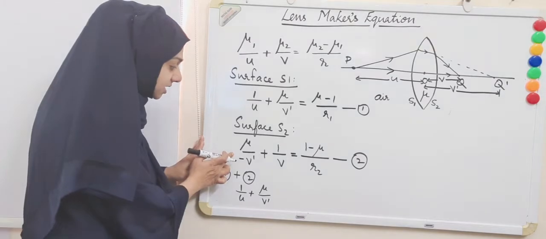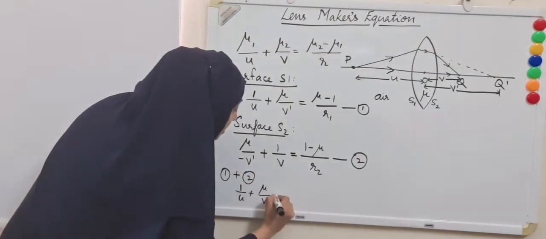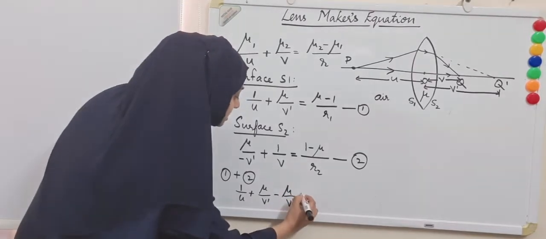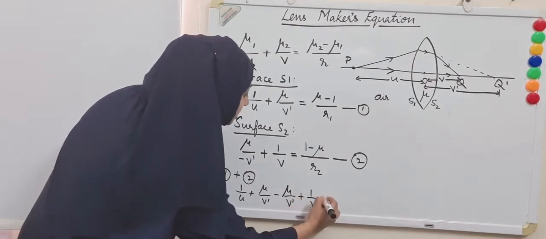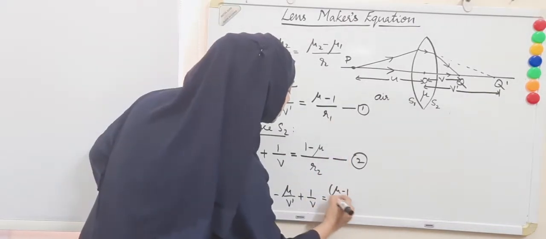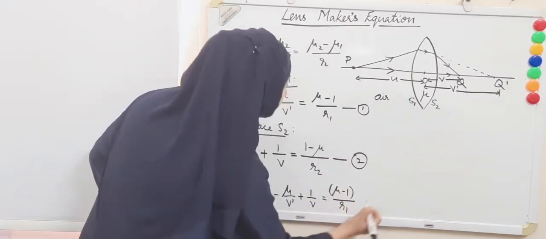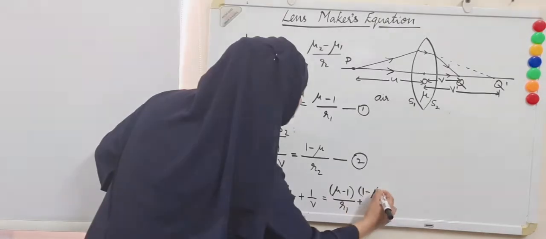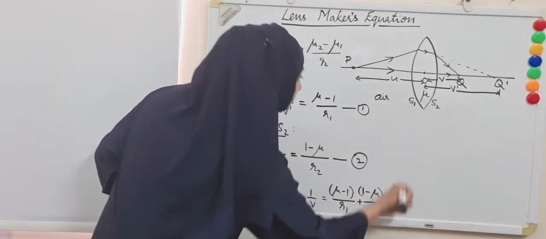There is a minus sign here, so I am going to put minus mu by v prime plus 1 by v equal to, we have here mu minus 1 by r1 plus 1 minus mu by r2.